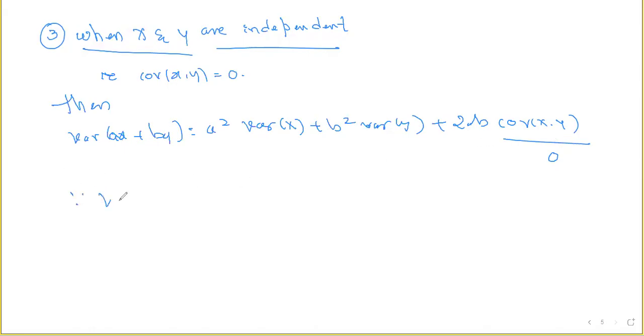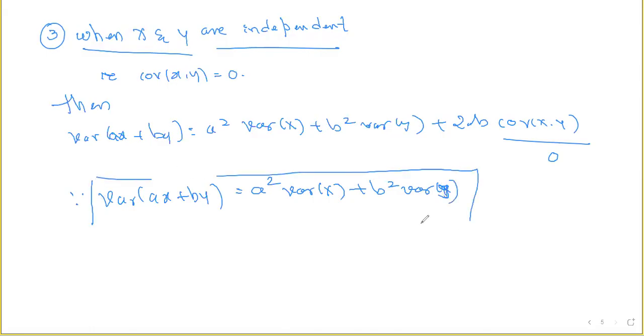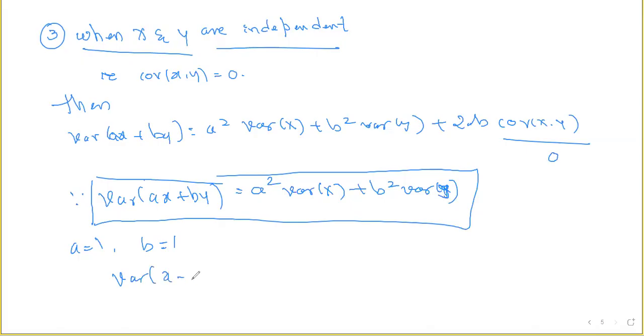So therefore variance of ax plus by equal to a square into variance of x plus b square into variance of y. That's it, right? So there is no covariance term, so entire this term will be 0. For instance, put a equal to 1 and b equal to 1. If x and y are independent, then what about variance of x plus y?